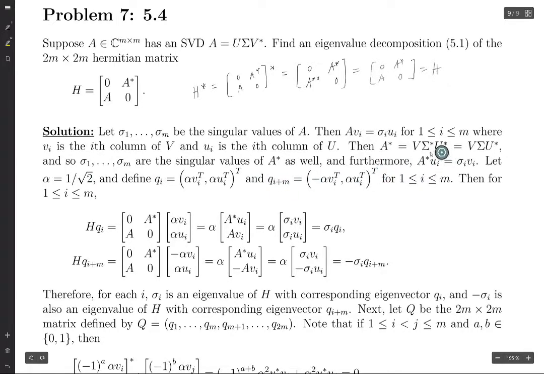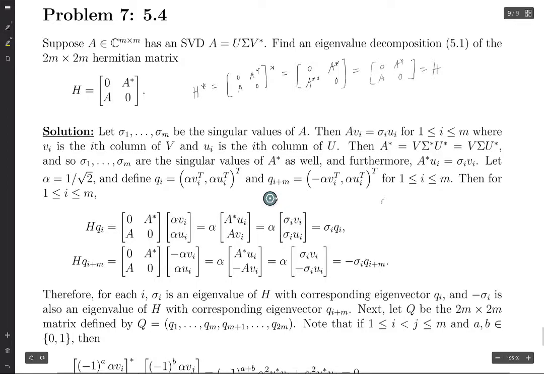And the equation A Vi equals sigma i Ui, if you rewrite that in terms of A star, it's A star Ui equals sigma i Vi. And those equations we're going to use to construct eigenvectors of H. Okay, so let alpha be 1 over the square root of 2, and let Qi be, I wrote this like this just so that it'd be easier to write in a line.